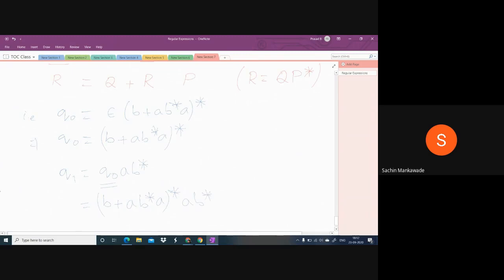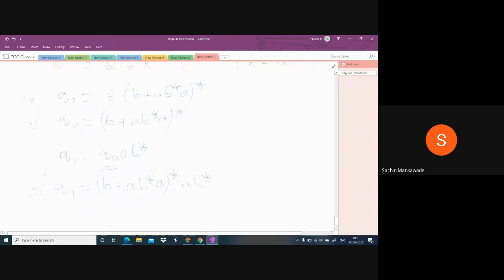This is Q1. Now, we want the expression for the final state. The final state is Q1, and we got the Q1 expression in terms of A's and B's only. So this is the answer: B plus AB star A whole star followed by AB star.